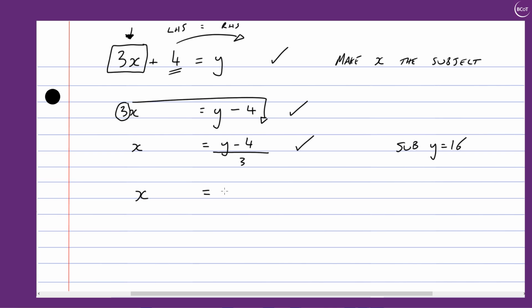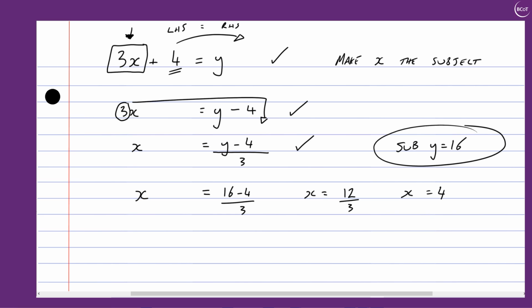So x is equal to y, but in this particular circumstance y is 16 because we've been told it's 16. So x is 16 minus 4 all over 3. So that means x is 16 take away 4 is 12 divided by 3. So therefore x is 4.